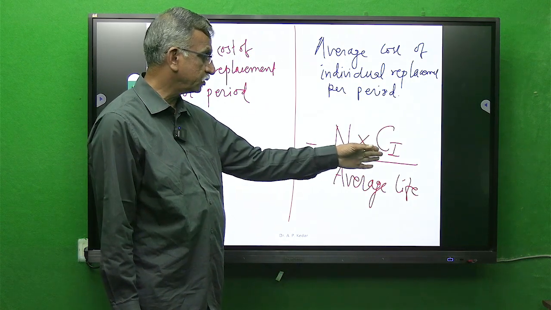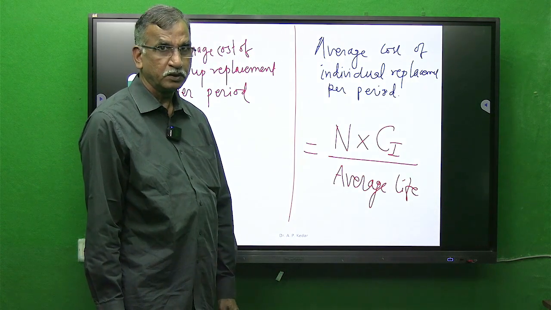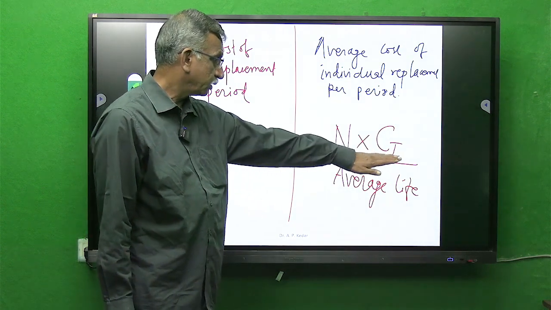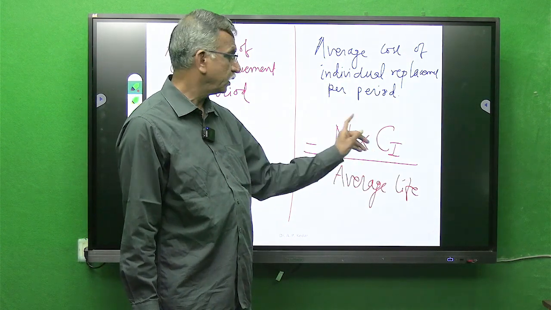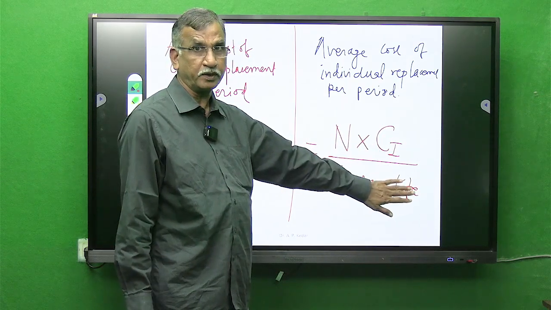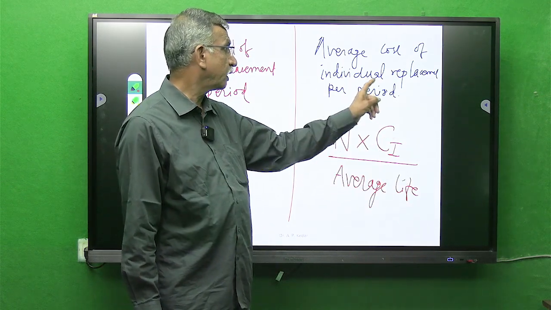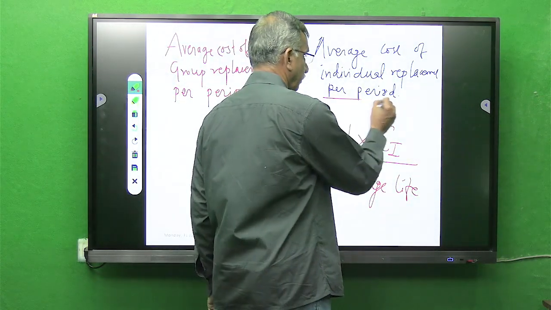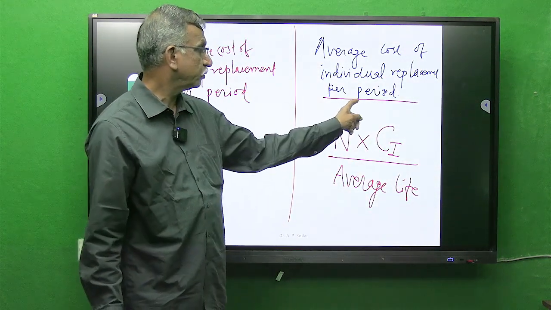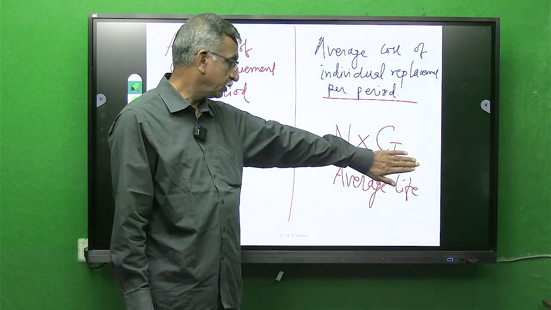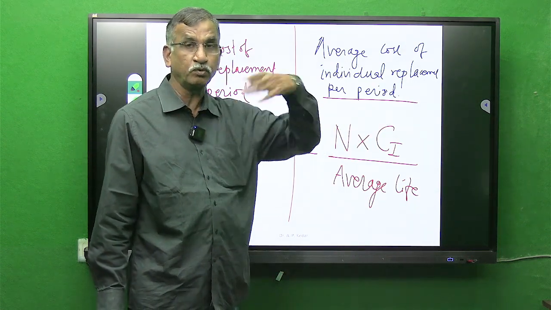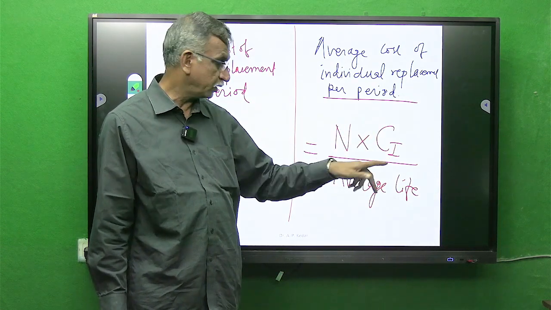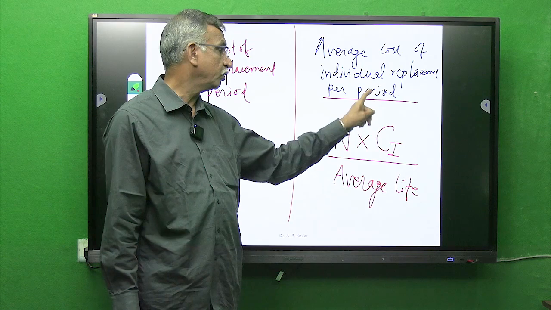Definitely this Ci will be more than Cg. Now if I keep it as N into Ci, this is over the entire period. For comparison I need it per period, so we have to divide this total cost of individual replacement, which is spread over the entire period, by the average life, and then you will get it per period.